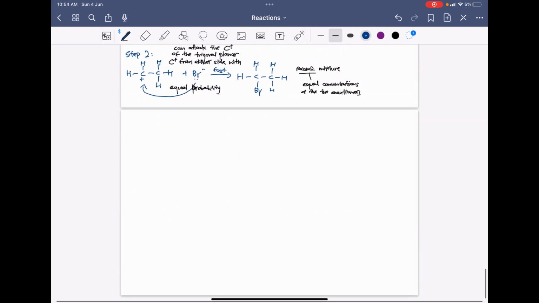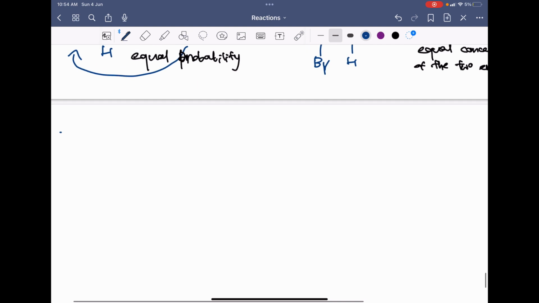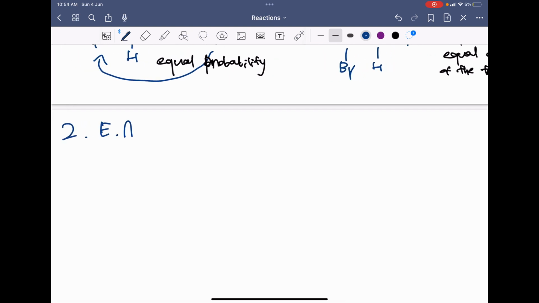Now let's move on to electrophilic addition of water. There are two methods, namely the lab method and the industrial method. I will be going through them one by one.